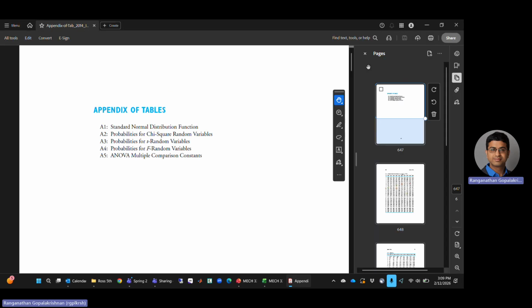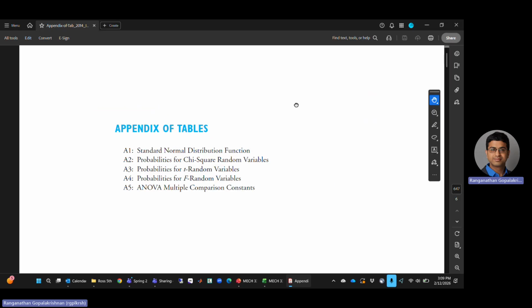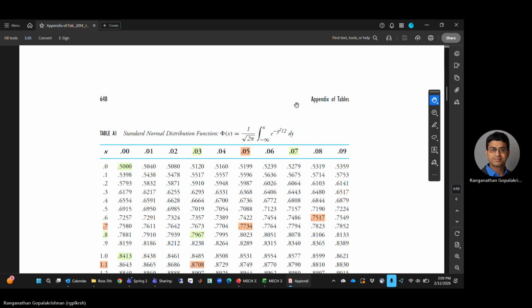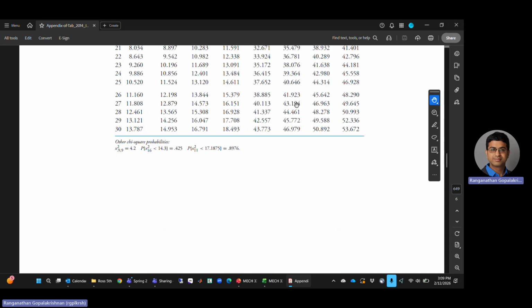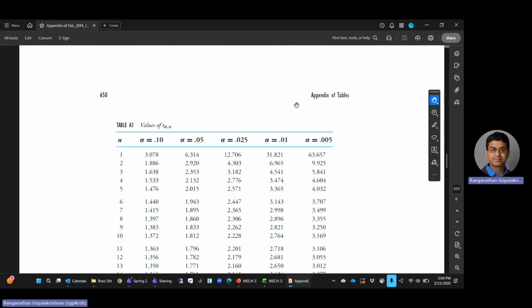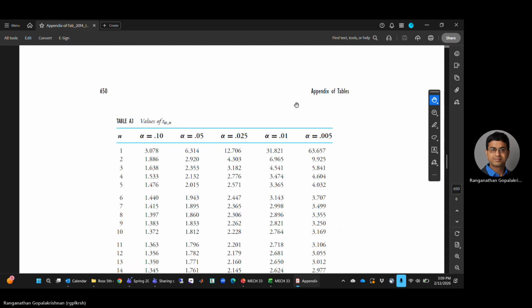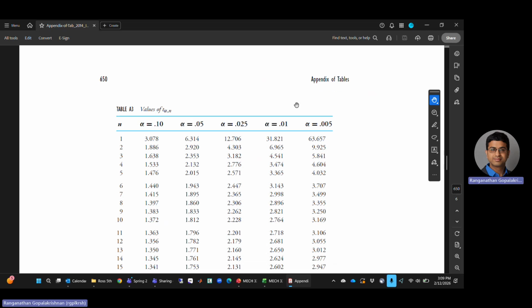So this is the appendix table. I want you to go to page A3, the third table, where the first table was our standard normal distribution. It's all very mechanical in the sense I'm going to tell you how to use the table, not much of theory.